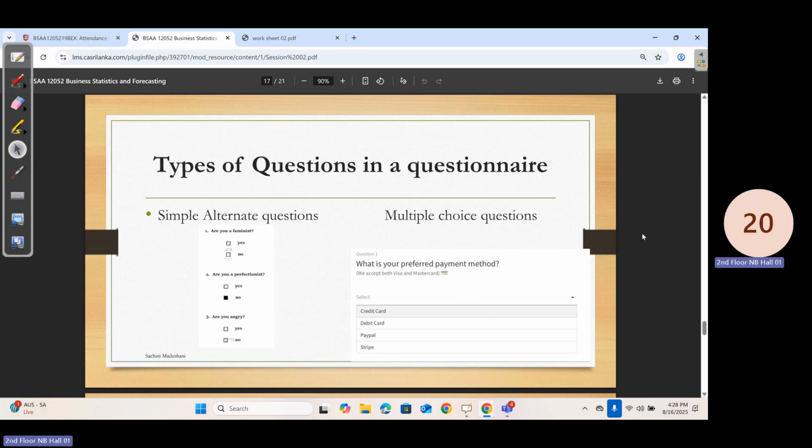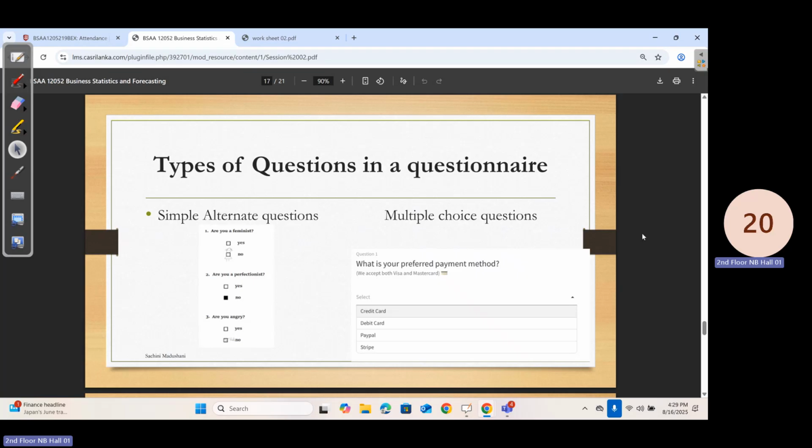It's clear? The next question type is multiple choice questions. It means it consists of more than two choices. There are two types of multiple choice questions. The first one is multiple choice with a single response. It consists of more than two choices, but you should select only one choice.